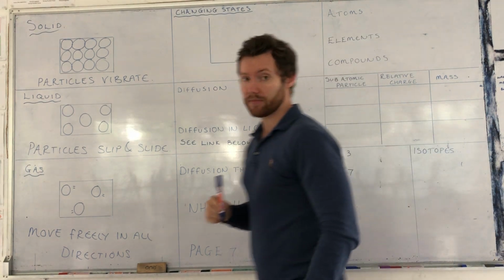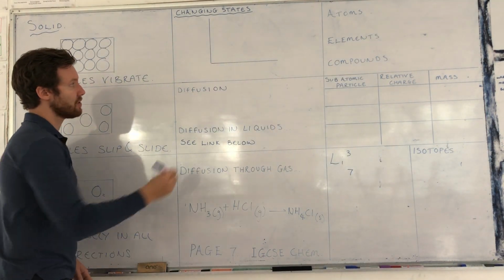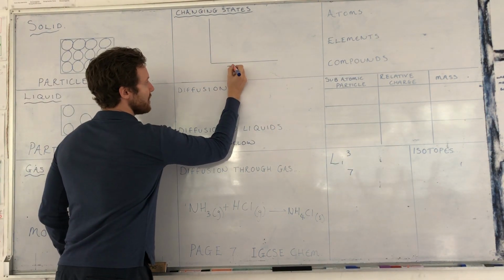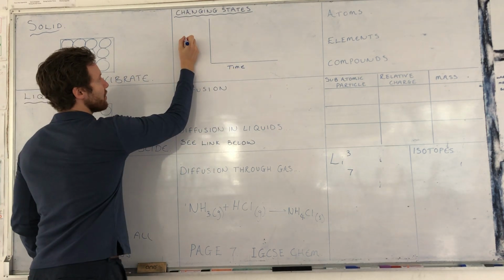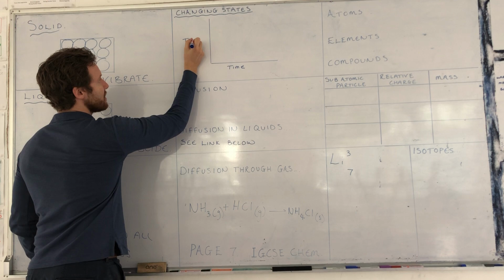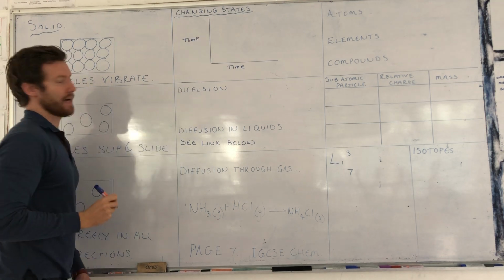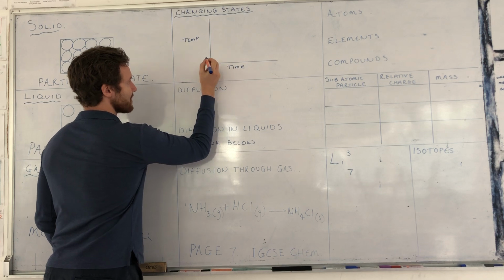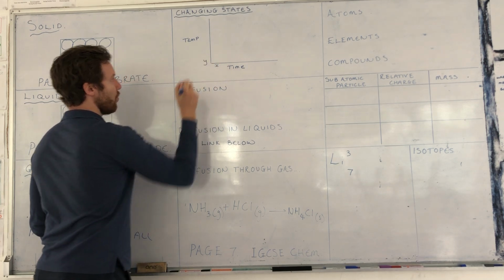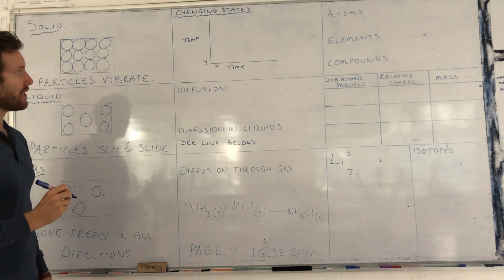So first, I hope you have your graph ready to label. We are going to put our time across the bottom, and we are going to put temperature on the y-axis. Let's label our axes, let's get into good habits. So we have our x-axis and we have our y-axis going up like that.